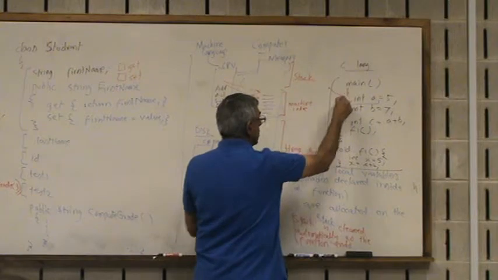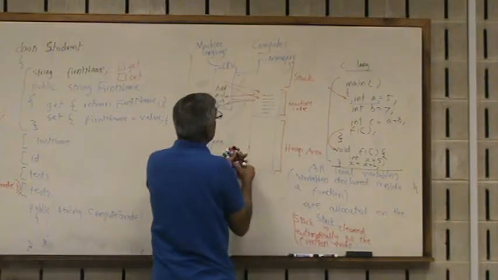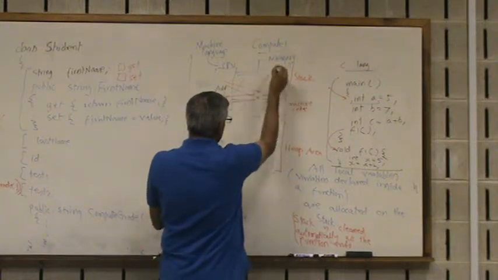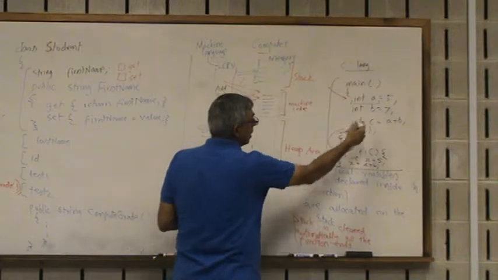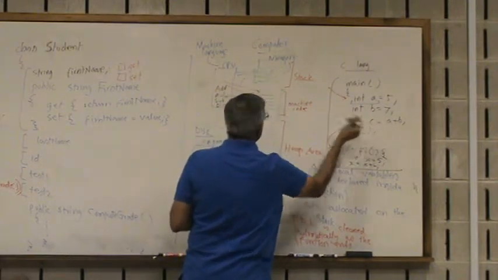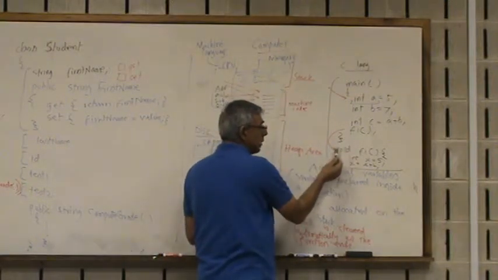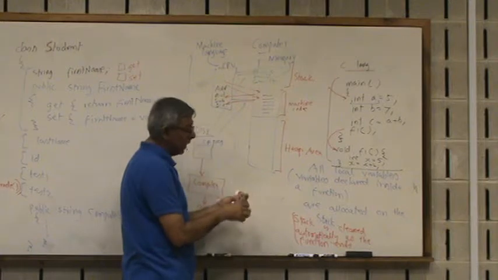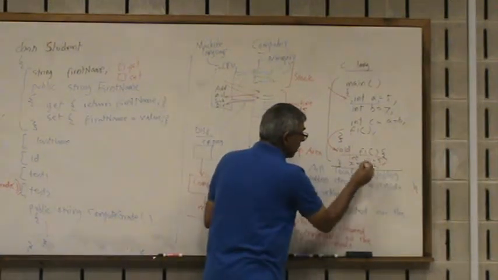As we started to run this program, just like we discussed, A, B, C will be allocated in the stack area. So there's A, there's B, there's C, right? A will be put 5, B will be put 7, C equal to A plus B, 12. So now we call this function. As we call this function, precisely at that point in time, what will the computer do?